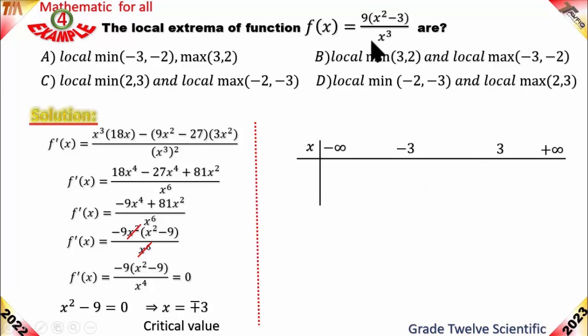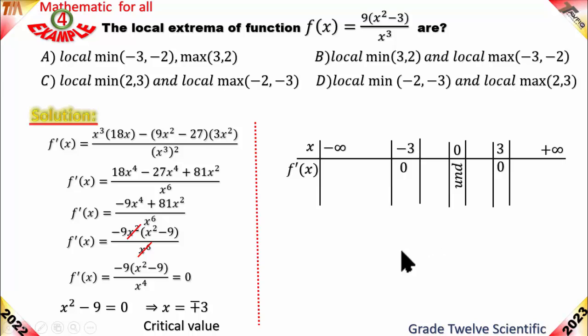Because it is undefined at x equal to 0, you must take 0 as well. The value of f prime of x at minus 3 is 0, at 3 is 0, and at 0 is undefined.